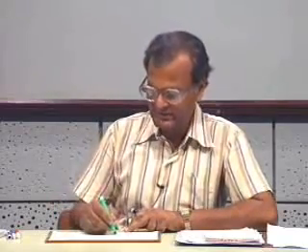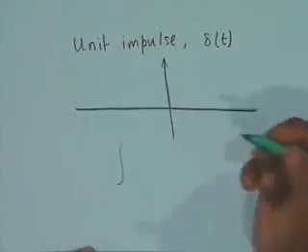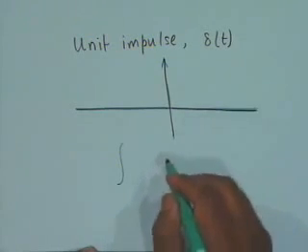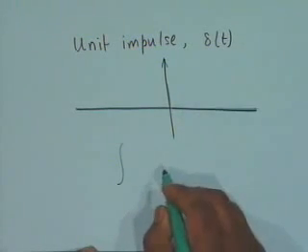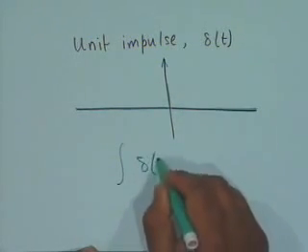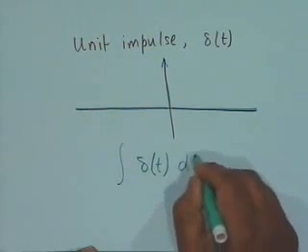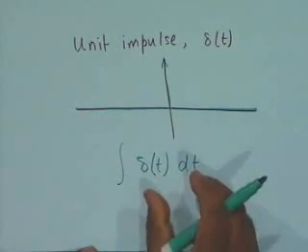Obviously, there are some mathematical problems in the definition, and therefore what one does is one defines a unit impulse function delta t by an integral, that is, integral of delta t dt, which defines the area under the curve.